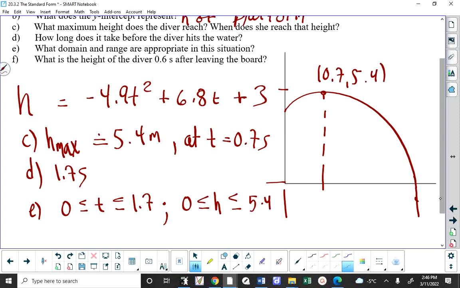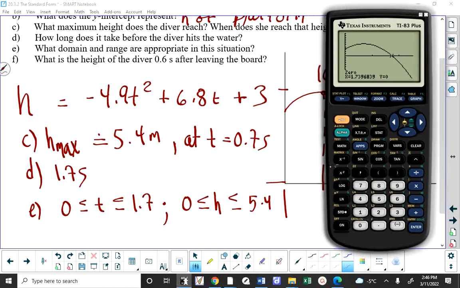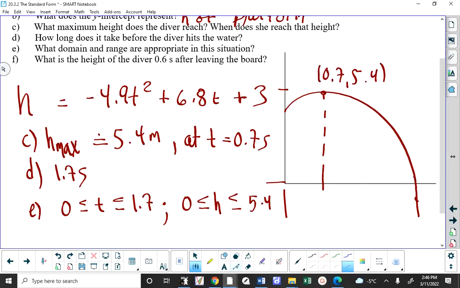And F, what is the height of the diver 0.6 seconds after leaving the board? There's a number of ways to do this. One of the ways, everybody, is you could take your calculator and put 0.6 seconds here and calculate the height.